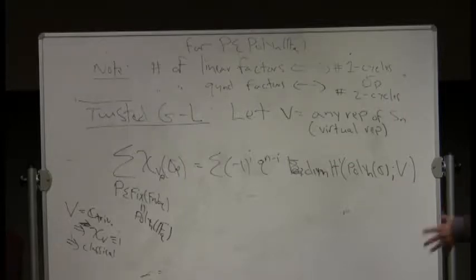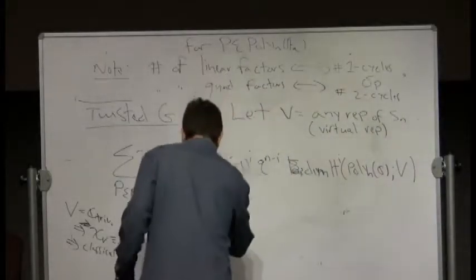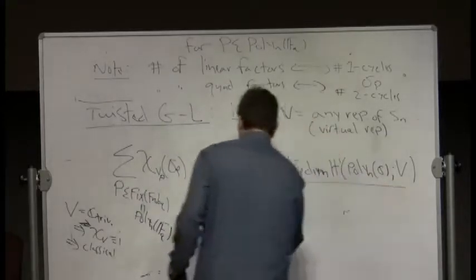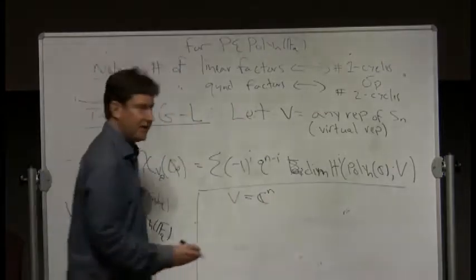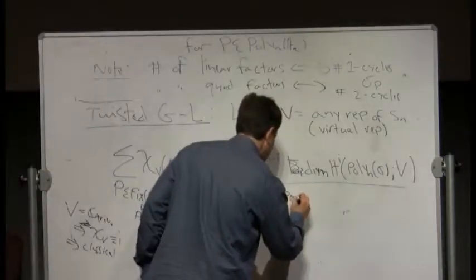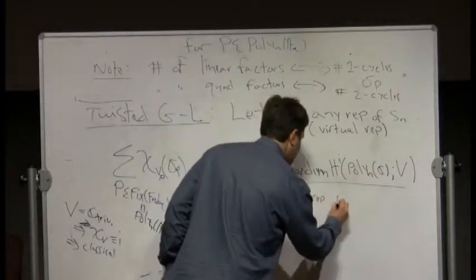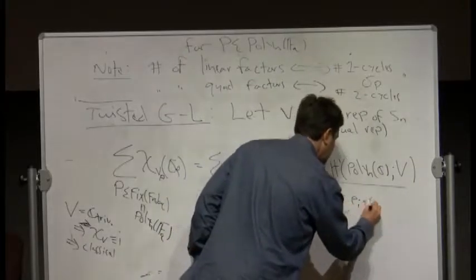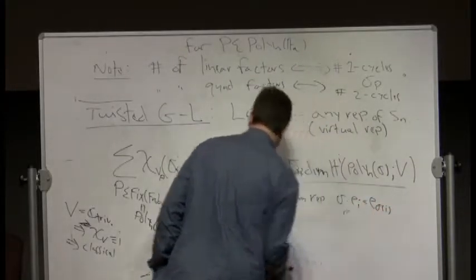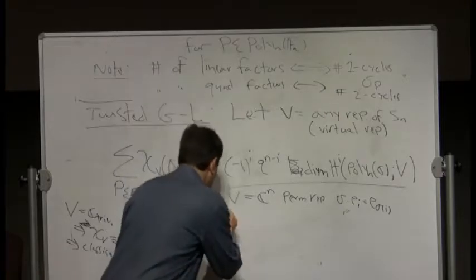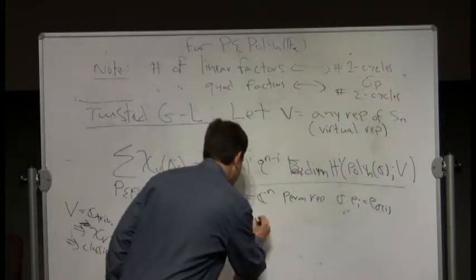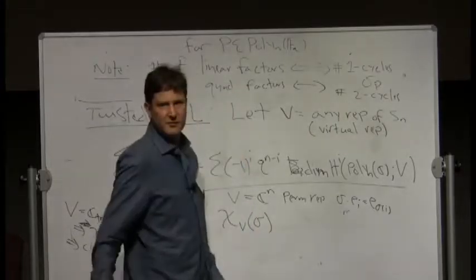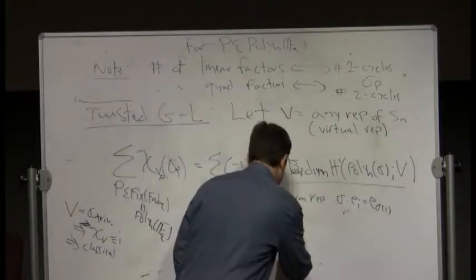But now, what if I just plugged in blindly to this formula? Suppose I plugged in the one that I just said. V is C to the n, the permutation representation, sigma dot e_i is e sub sigma of i. Remember the character, that's the trace of the matrix of any permutation. It's the number of fixed points, right?